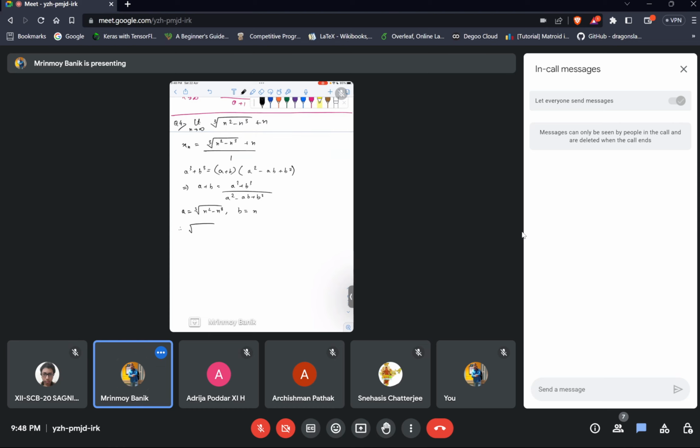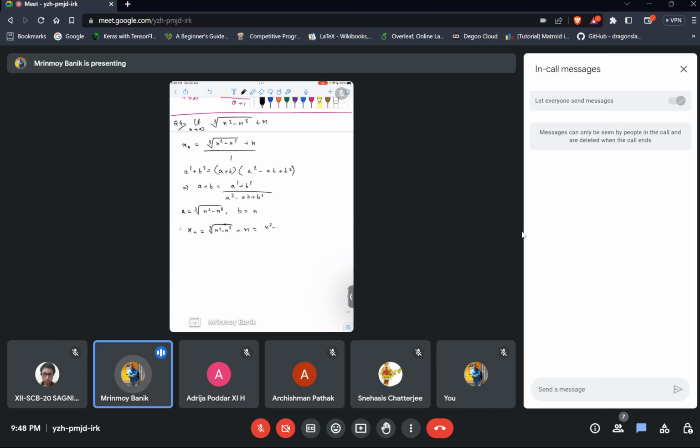Therefore, our xn equals cube root of n squared minus n cube plus n, which is a plus b, equal to a cube plus b cube.